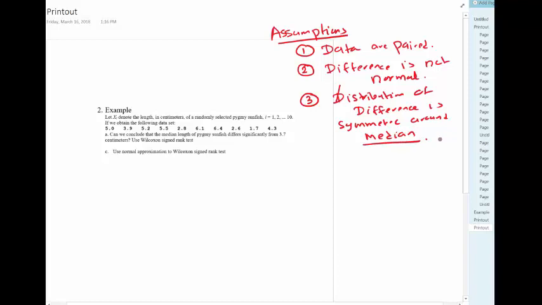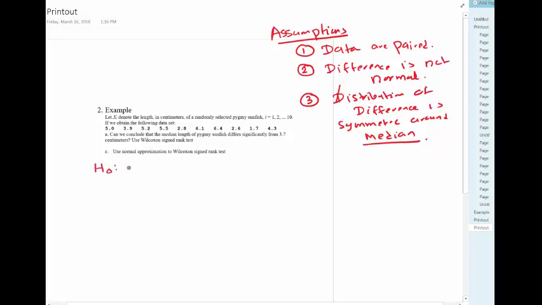That's another assumption we are making. So after you have all these assumptions, let's see how you are going to use this test to test whether the median is equal to, more than, or less than some given value. So let's write down my hypothesis.